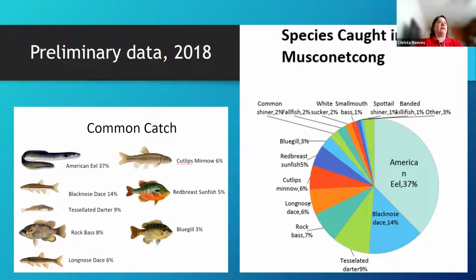And we have some other, more sensitive species, the black-nosed dace and the tessellated darters, that show up over here. So this is really encouraging preliminary data, but we haven't been able to get back in the water since. This is the first year that we're going to be able to get back out there with Fish and Wildlife to do some more electrofishing.